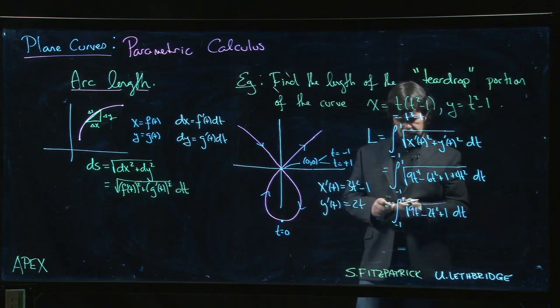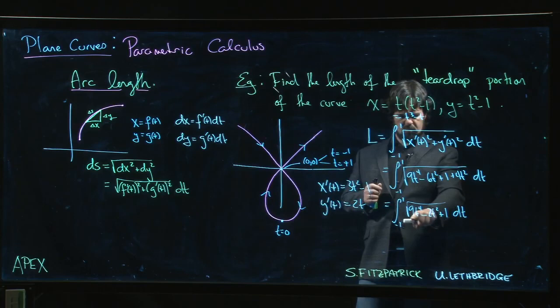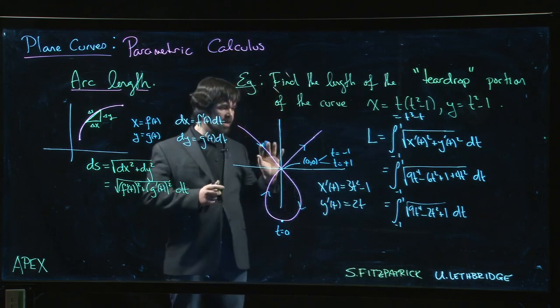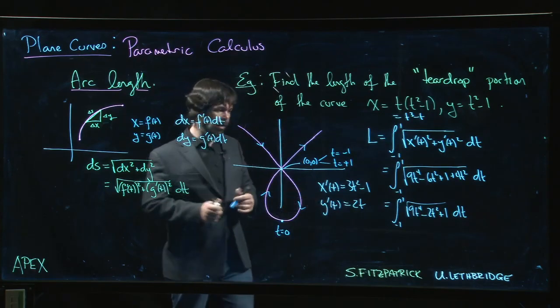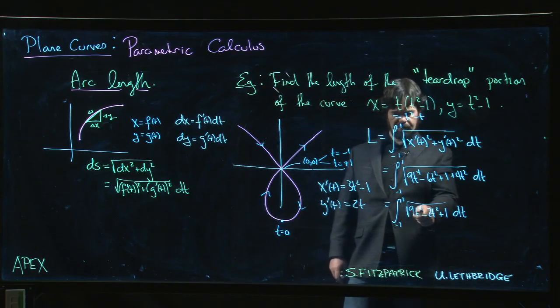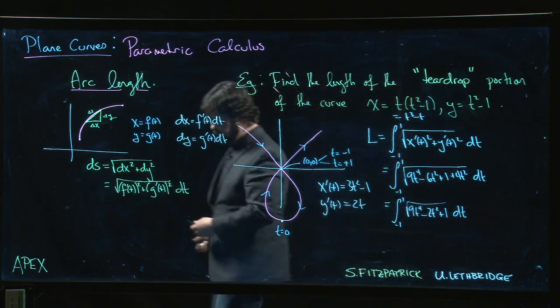Can we factor? Let me see. Well, it's hard to tell. If you're stuck, there are tricks. It's degree 4, but only even powers, so it's like a quadratic in disguise. We can solve for t squared.